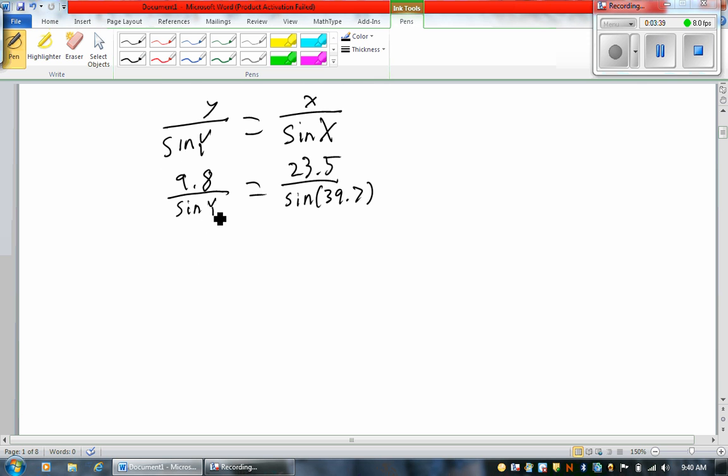So we're going to solve for sine Y by cross multiplying. Sine Y is 23.5 equals 9.8 sine 39.7.